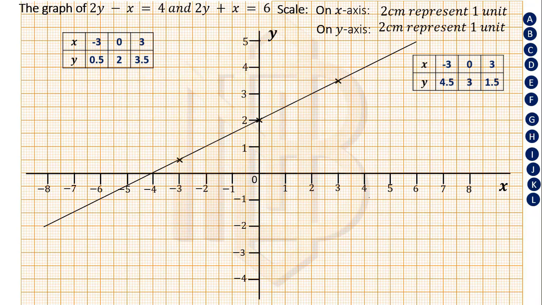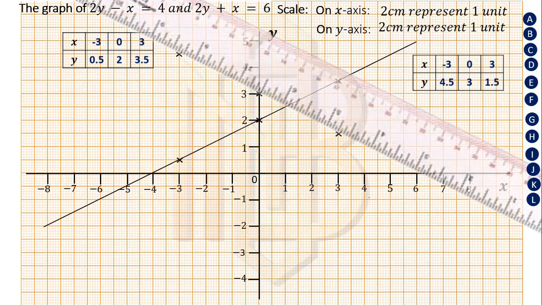So the same thing you're going to do for the second graph on the same axis. You trace out the first point, that's -3 and 4.5. Then you have 0 and 3. And we have 3 and 1.5, which, with your ruler, you can conveniently draw the line.